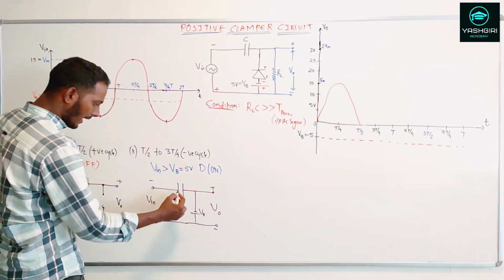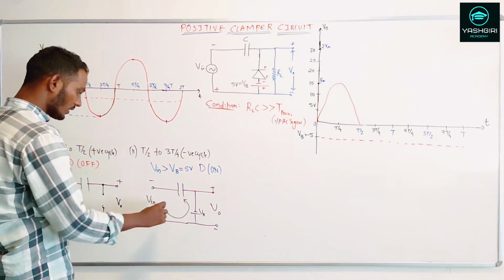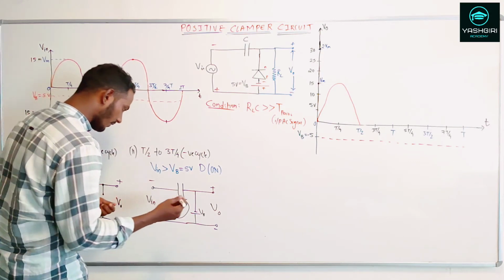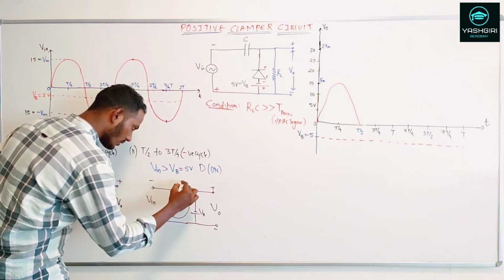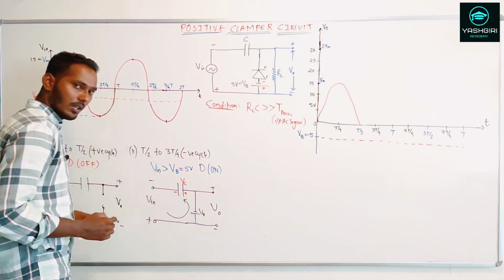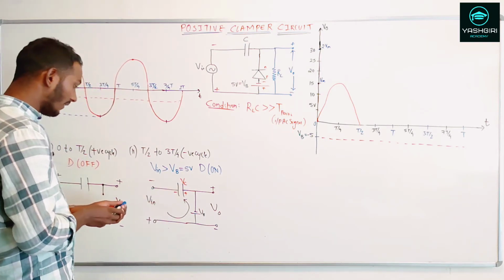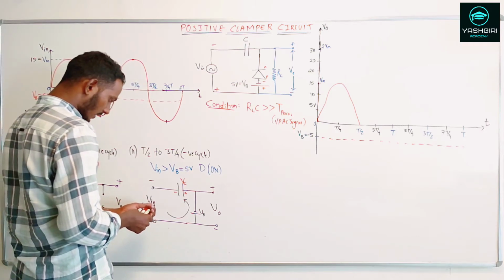Now the capacitor will start charging. The capacitor will get charged to some voltage, let's call it VC, the capacitor voltage, negative and positive. If I want to know the voltage across the capacitor, I can apply KVL.